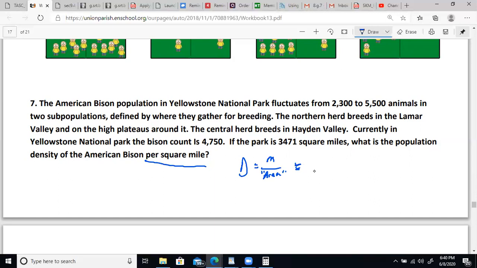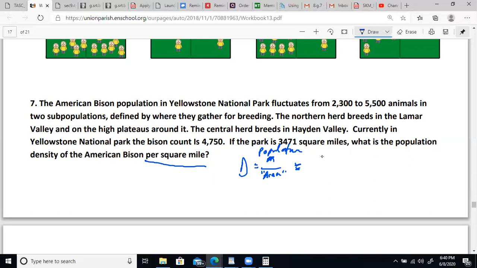We're not talking about 3 dimensions. We're just talking about the land itself. All right, so instead of mass, it's actually just going to be population. So how many people within that area. This is just what we do for population density, not for density of an object.